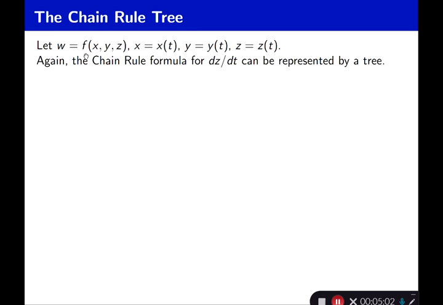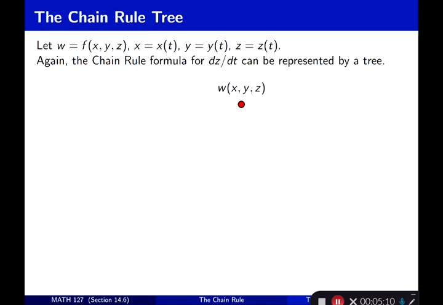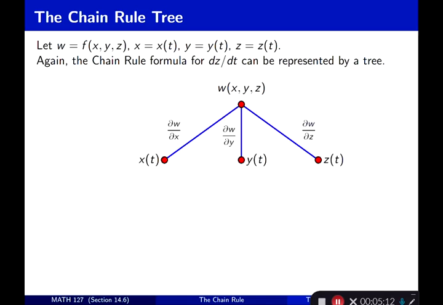You start with w on top, and w is a function of x, y, and z, so you go down to x, y, and z, and all three of these are functions of t. Each branch that you create, you write as a derivative.